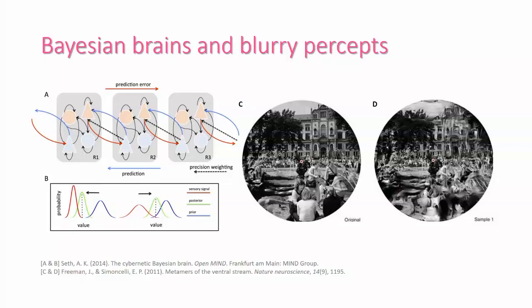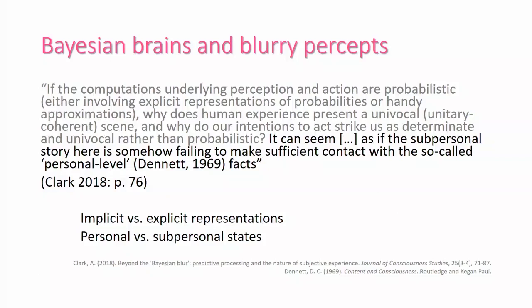I'll get on to why that is in a sec. So now we can give an intuitive first brush at what Clark's problem is. Just take the highlighted bit. It can seem as if the subpersonal story here is failing to make sufficient contact with the personal-level experience.